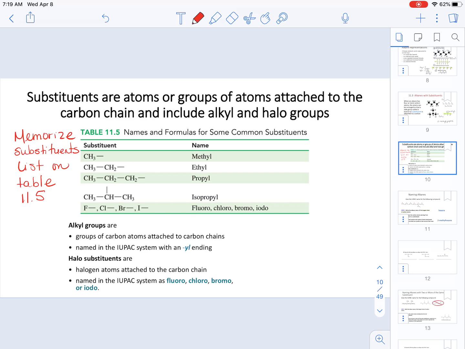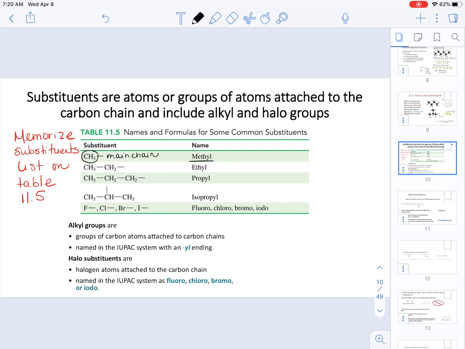So as you can see, if your substituent is only 1 carbon, that carbon is going to be attached to 3 hydrogens, and that bond that is empty is going to be the connection to the main chain. Just wanted to illustrate that. Then this CH3 group is called a methyl group.